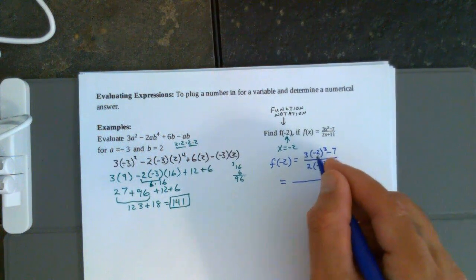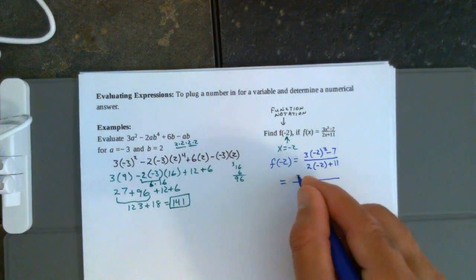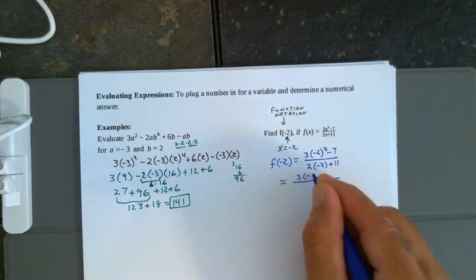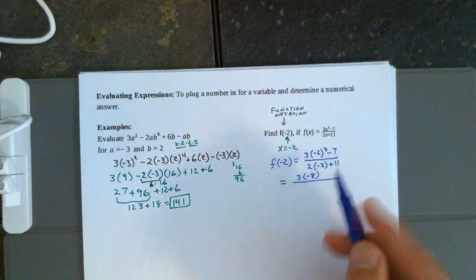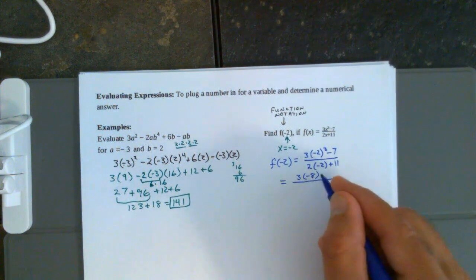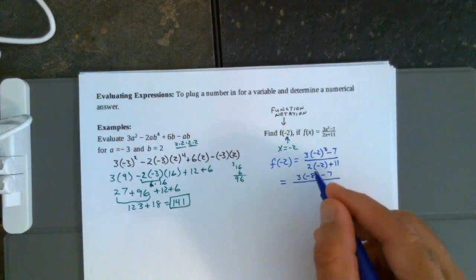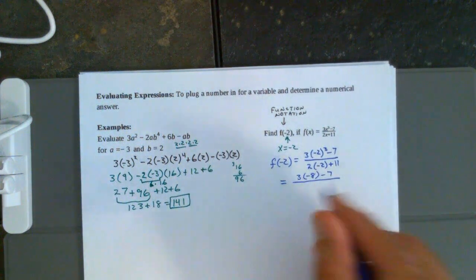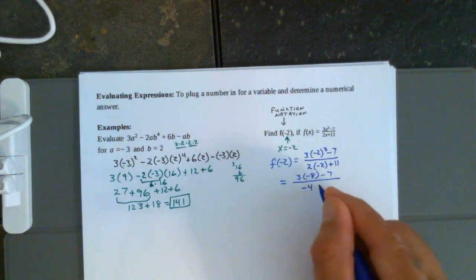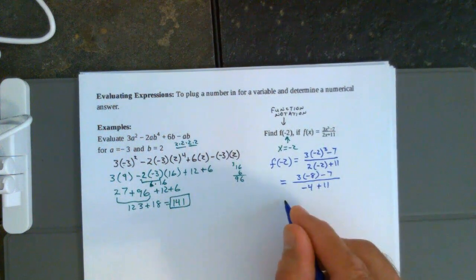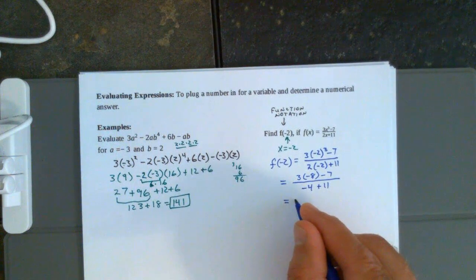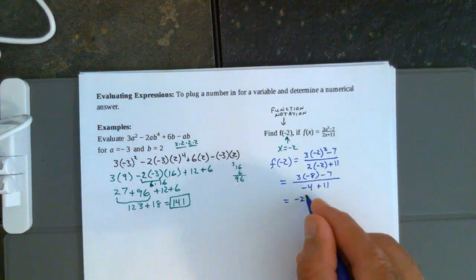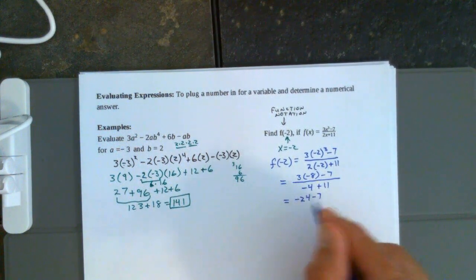-2 times -2 times -2 is -8, because -2 times -2 is +4 times the third -2 gives us -8. We have a -7. In the denominator, we have 2 times -2, which is -4, plus 11. In the numerator, now we can multiply the 3 and the -8 and get -24 minus 7.